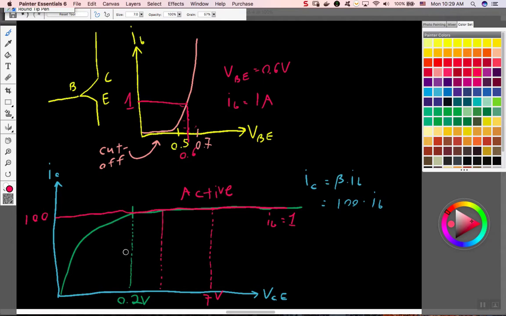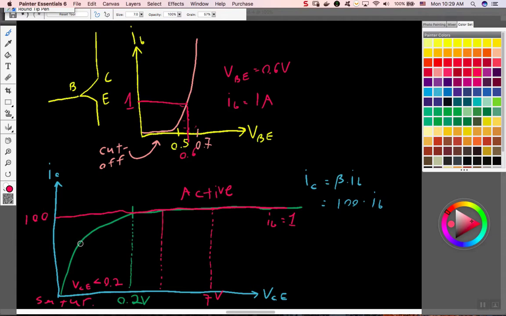But here, this area is the saturation region. This is the saturation region where VCE is smaller than 0.2. In that case, IC is going to be less than 100 times IB.